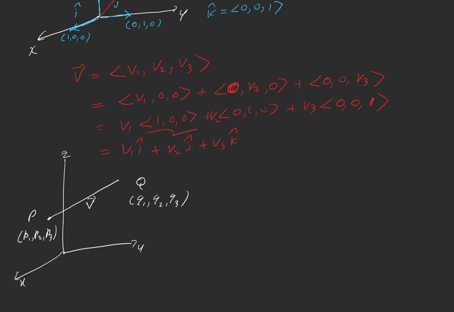So how do we write the v vector? According to this we can write (v1, v2, v3). We need to find v1, v2, v3. So v1 is q1 minus p1, v2 is q2 minus p2, and v3 is q3 minus p3.